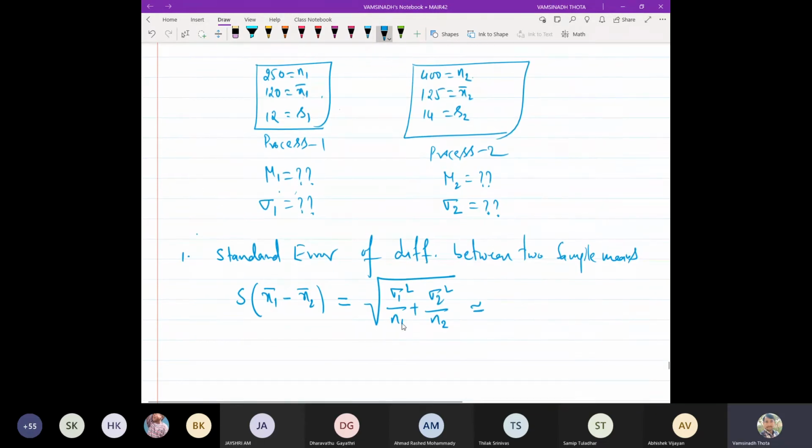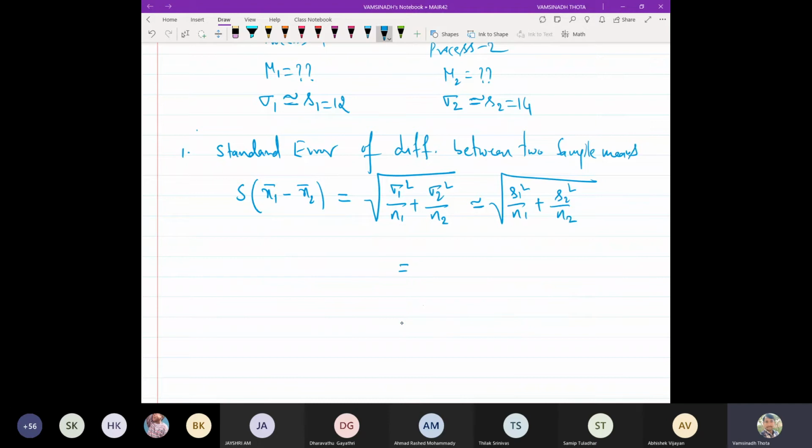For large samples, we can approximate the standard deviations of the population with the standard deviations of the samples. This is true for large samples. Thus, it is S1 square upon N1 plus S2 square upon N2, so that is the square root of S1 square 144 upon N1.